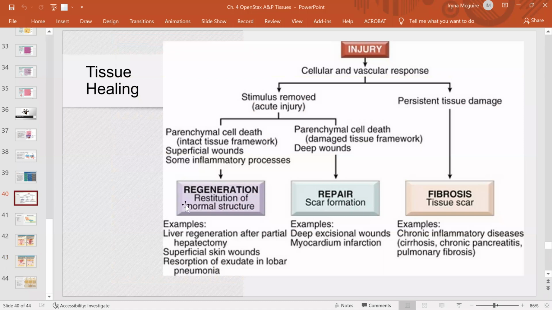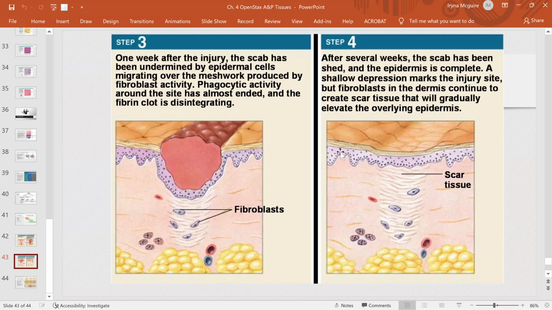So you can see here, we heal the epidermis by regeneration, because we pretty much have the same structure as we had here before the injury. Yeah, we do have some depression mark over here, but the scar tissue underneath will continue remodeling and gradually will elevate this overlying epidermis. And this is your skin, obviously, right?